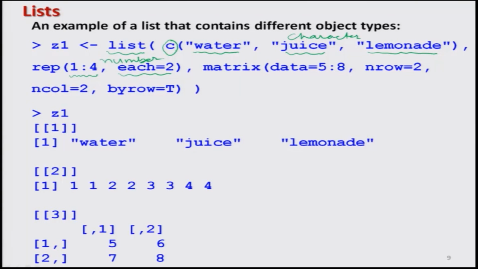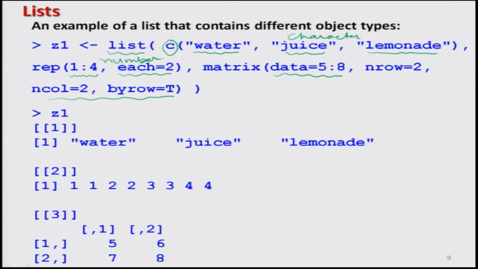And then I take the same matrix x 2 that we have taken earlier, that is, I create a 2 by 2 matrix with the data 5, 6, 7, 8 in which the values are arranged in rows. So, now you can see that this list contains 3 types of objects: character, number, and then a matrix.